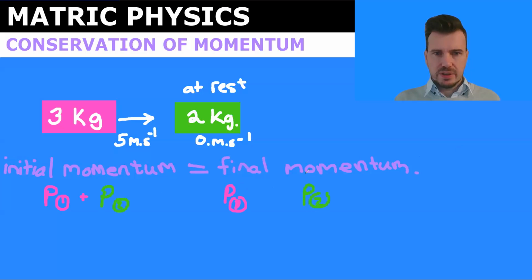So these are conserved. So they could tell you, well, these two objects joined together, what is their final momentum? What is the velocity that they travel?